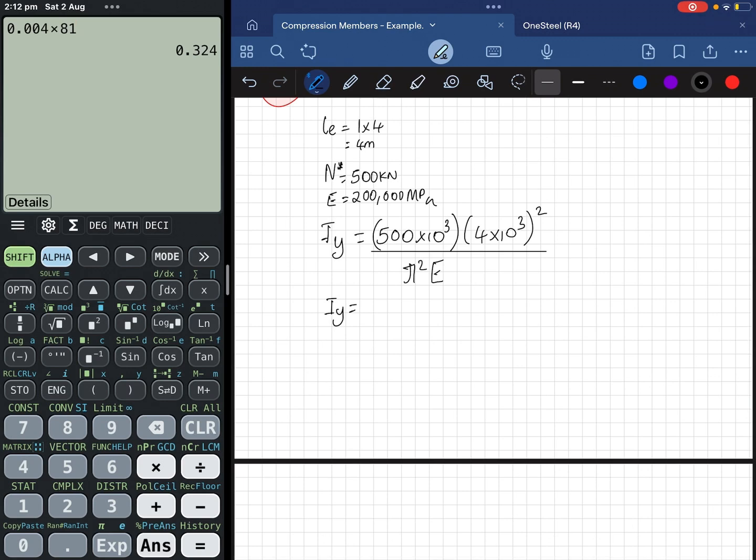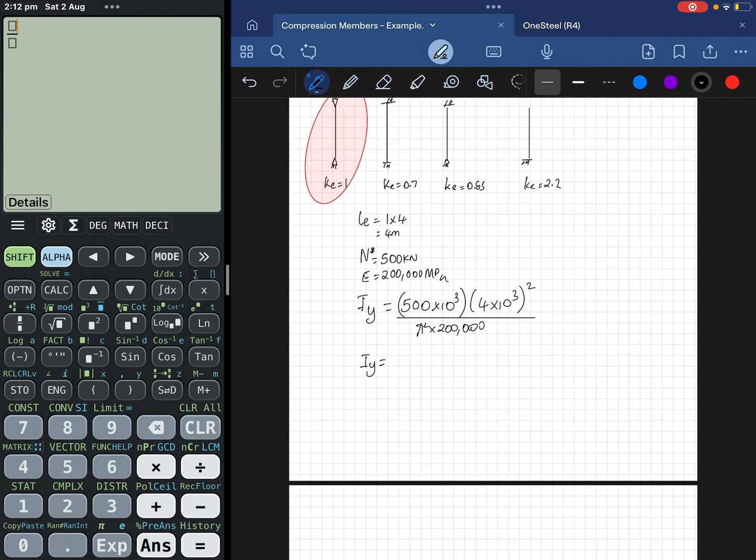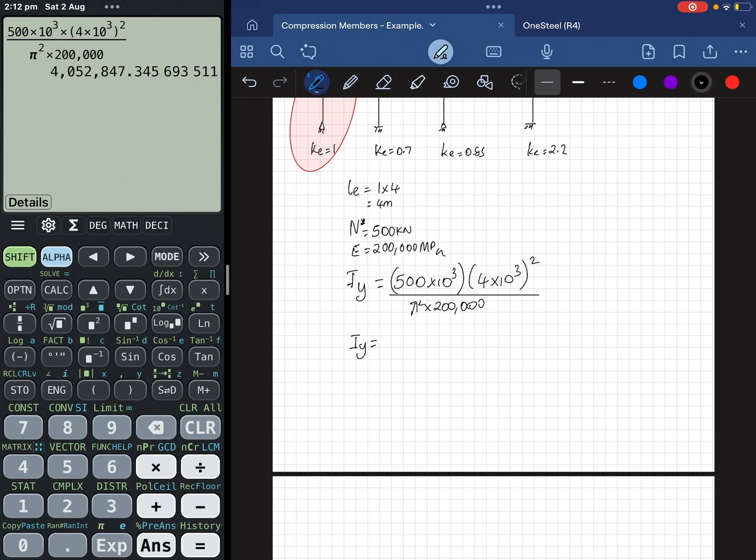IY equals... All right, as you can see there, we got IY equals 4.053 times 10 to the power of 6 millimeters. It's about 4.